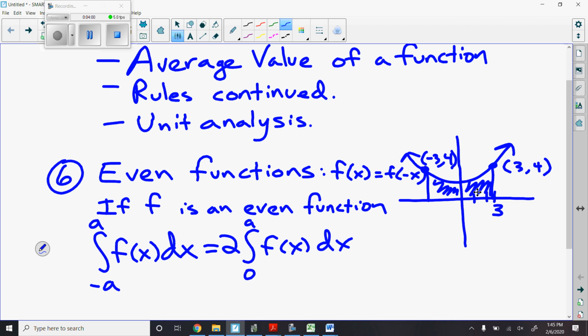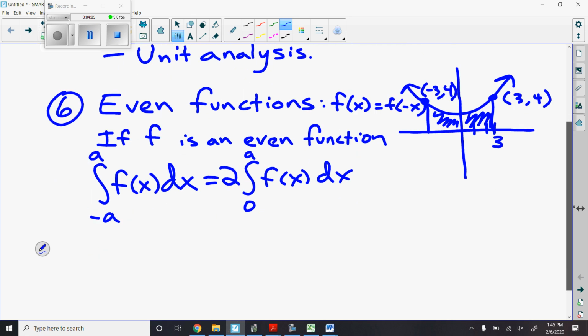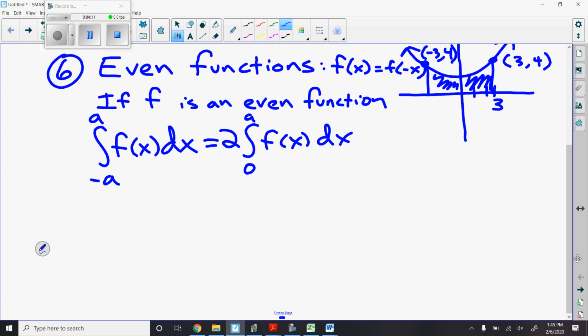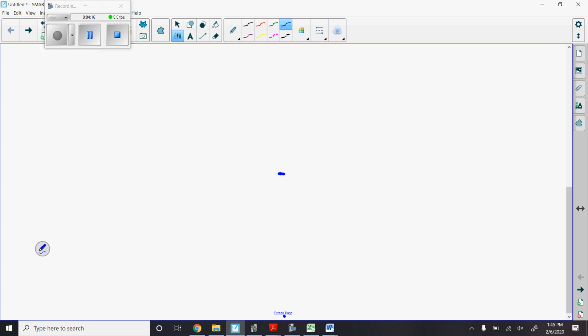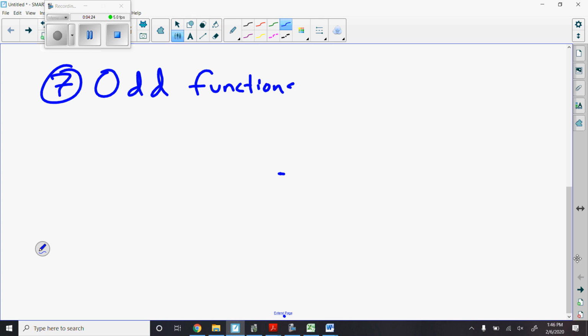Okay. Similarly, I want to talk about a rule for odd functions. For odd functions, right, it might look something like this.